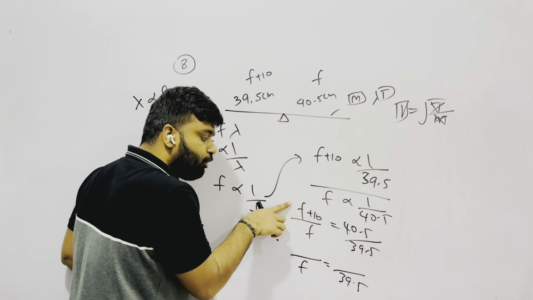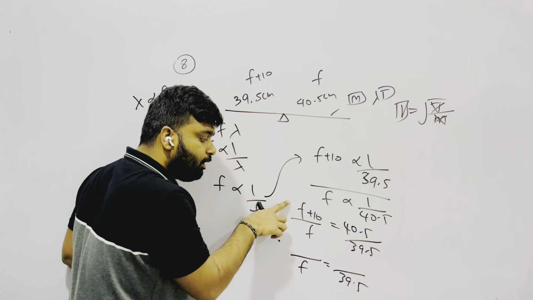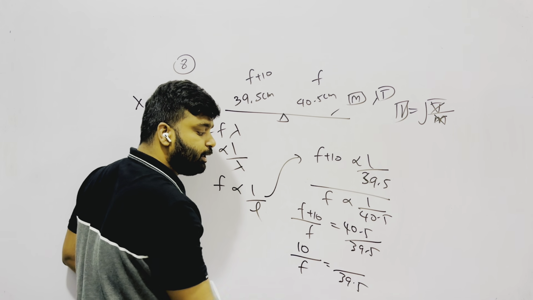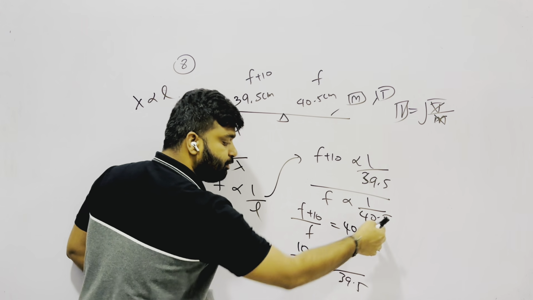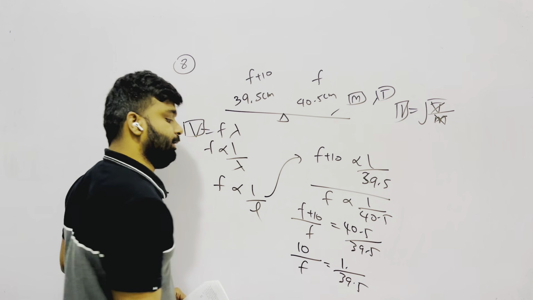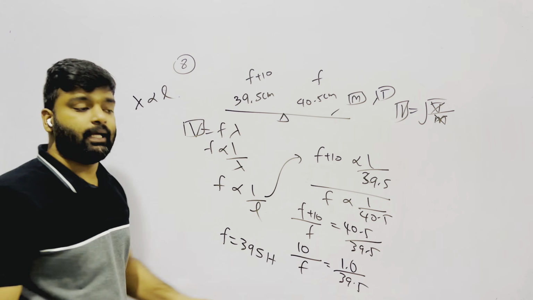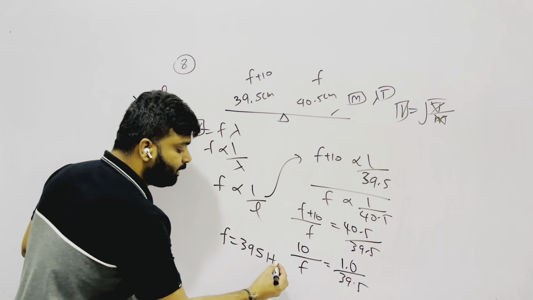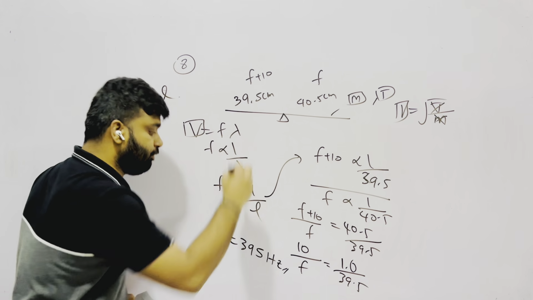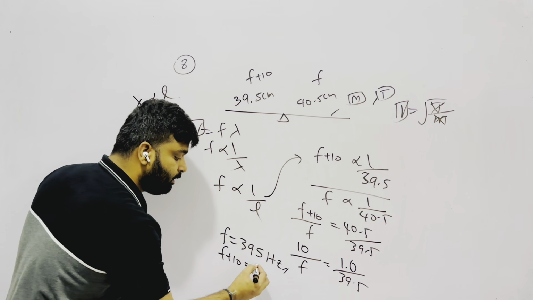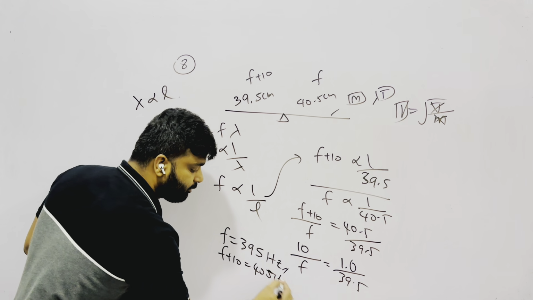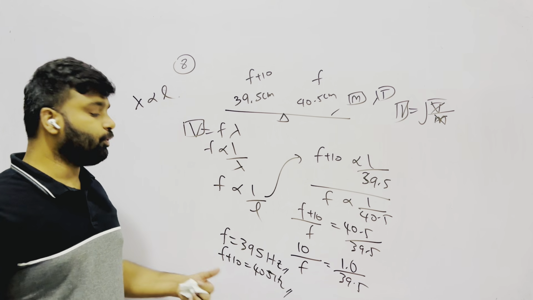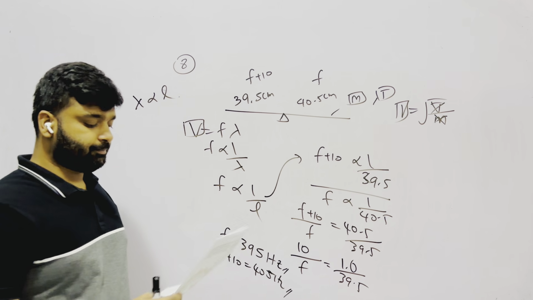You can subtract the second from the first, then 10 will be remaining. The same thing you have to do: if you subtract the second one from the first one, 1 will remain. Then F is equal to 39.5 into 10, which is 395 Hz. Therefore, F plus 10 is equal to 405 Hz. Therefore, the answer is the third one. So, you can do it in the equation method.